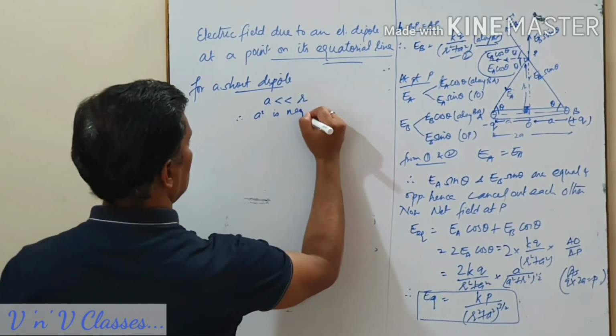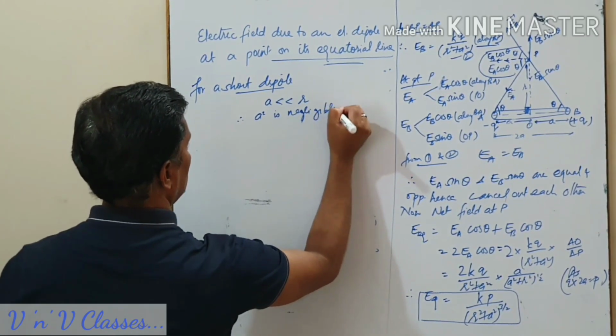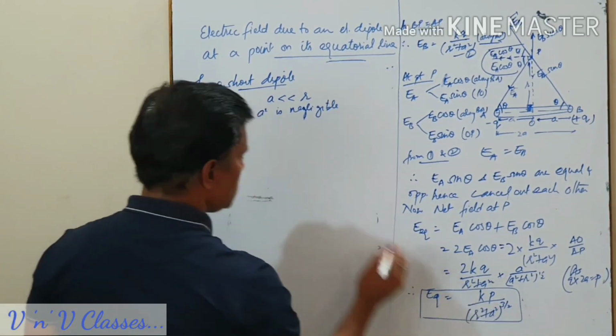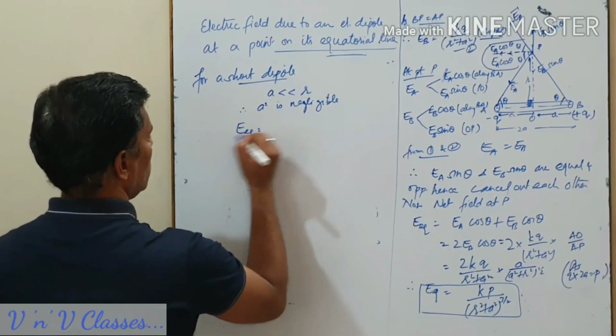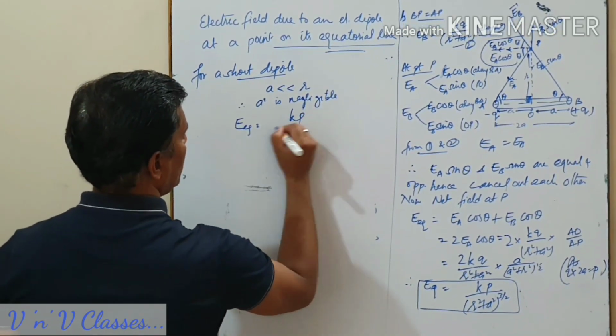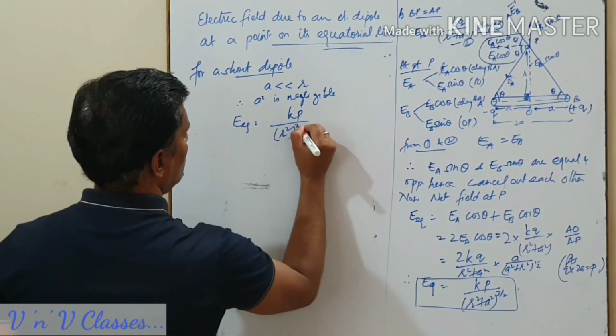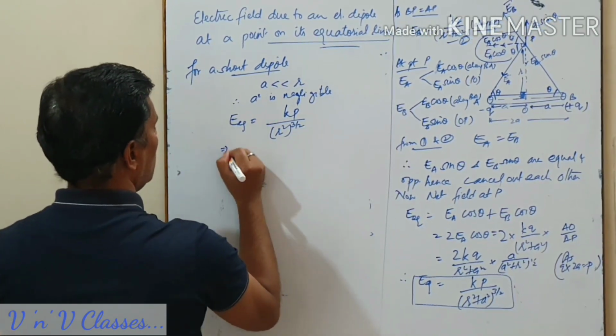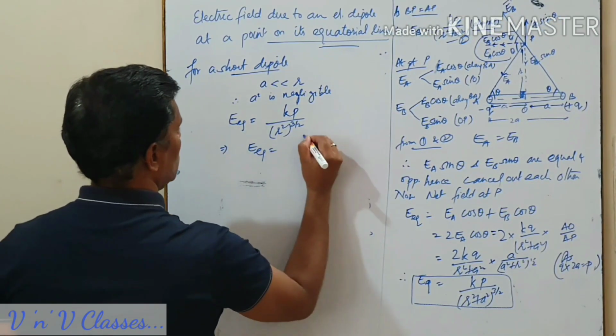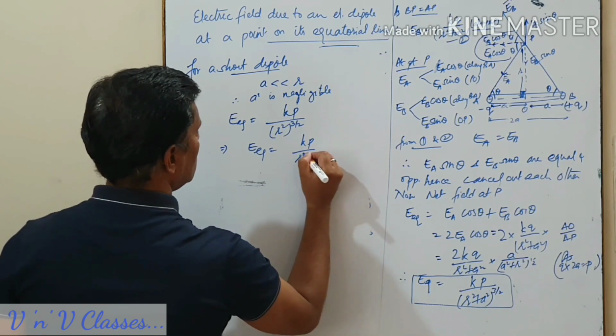And if A square is negligible, E equatorial comes out to be Kp upon R square to power 3 by 2, or E equatorial comes out to be Kp upon R cube.